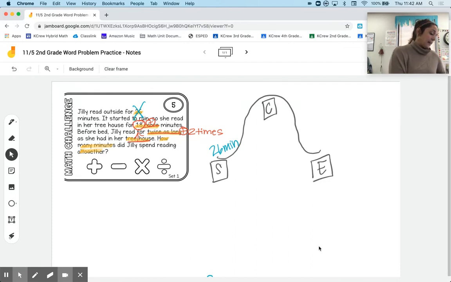And then she reads for 18 more minutes. So more means to add. So I'm going to do 18 minutes. Then the next thing that I see is that she read twice as long as she did in her treehouse. So I'm going to add twice.